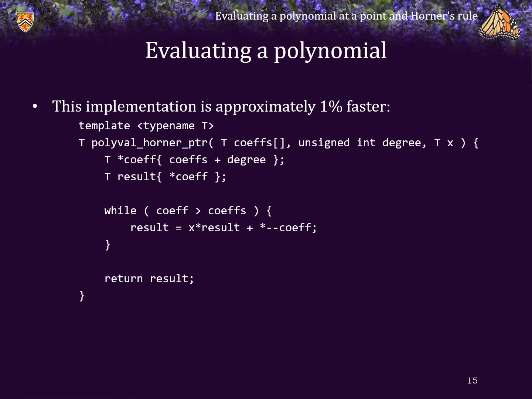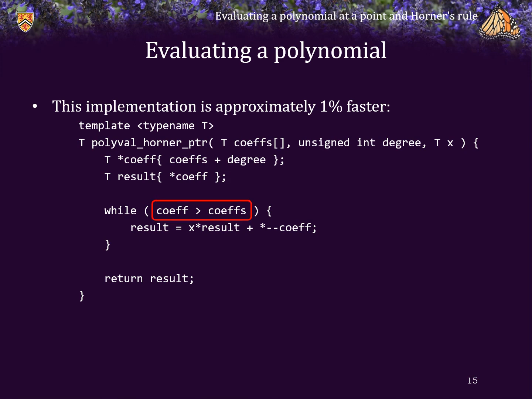Here, instead of using a for loop with an index, we're going to use pointers. So coef is going to be initialized with the address of the highest degree in the array. We will then assign to the result whatever is at that location.